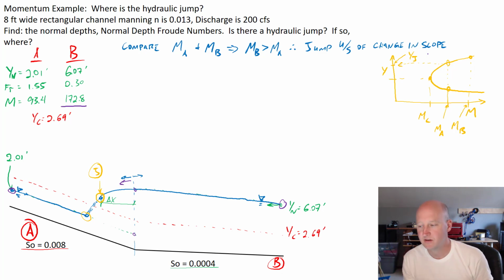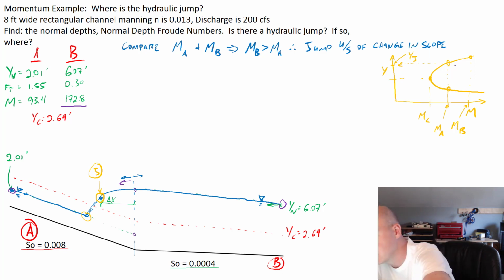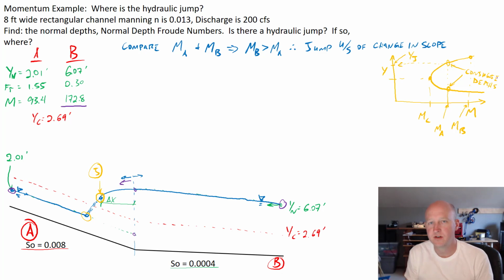Okay, so let's do that calculation. We need to go into Excel and goal seek for that y sub j, the subcritical depth that corresponds with 93.4. Those are called conjugate depths. The way that goal seek works in Excel is that it guesses a value of y, and it sees if we're closer or farther away from our answer, the thing that we're looking for.